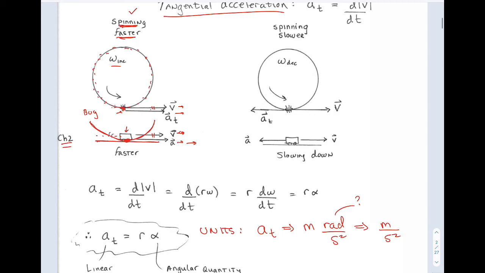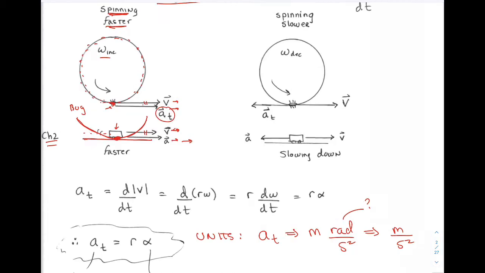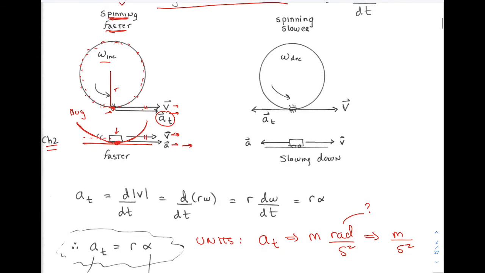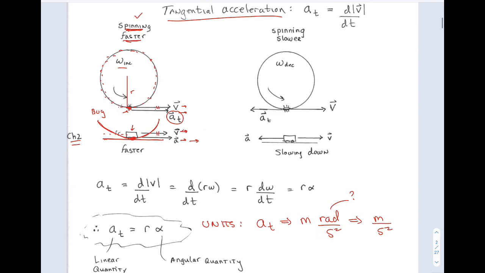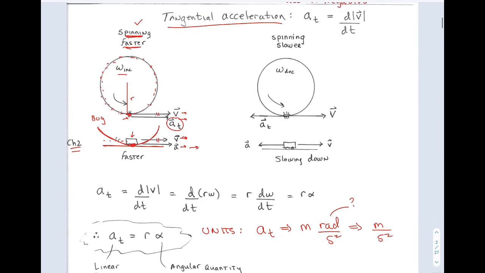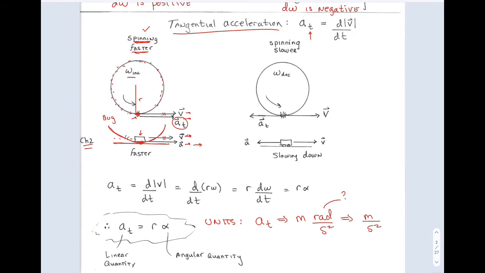So this acceleration here is tangent to the circle. There's a radius, so it's tangent to the circle. It's called a tangential acceleration. That subscript T stands for tangential.